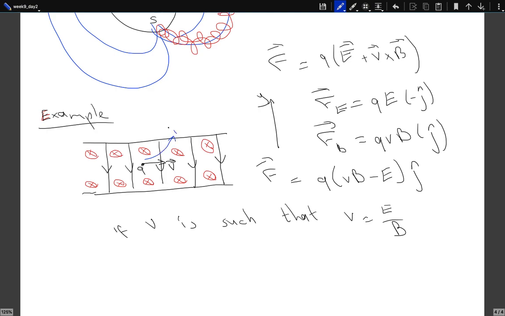So it will go upward if v is larger than E over B. Because in that case, the magnetic force will be stronger than the electric force, so the particle will just bend upward.